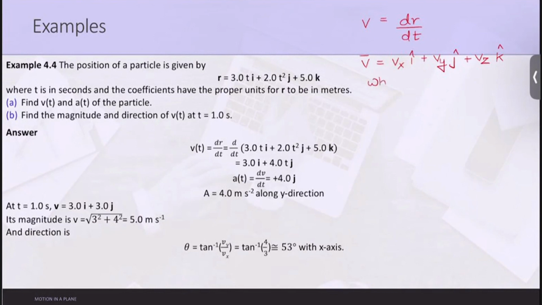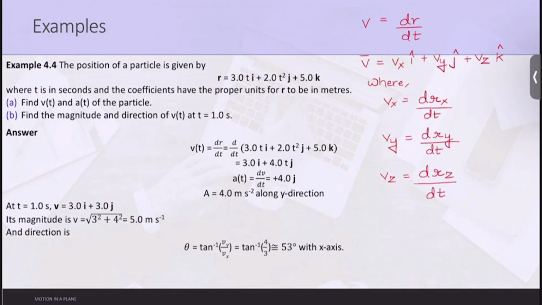Where vx is equal to d Rx by dt, vy is equal to d Ry by dt, and vz is equal to d Rz by dt.